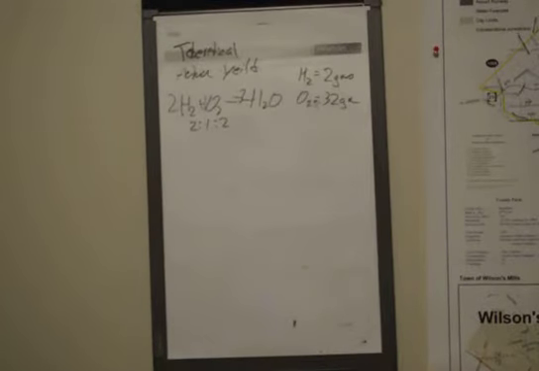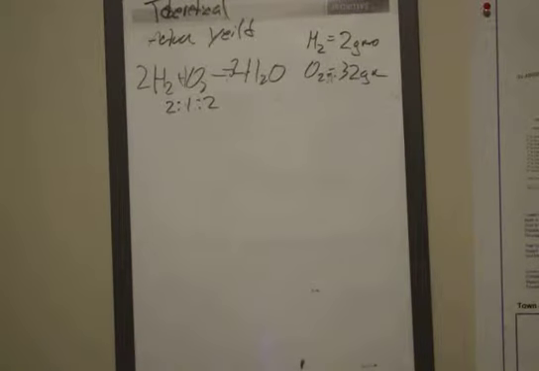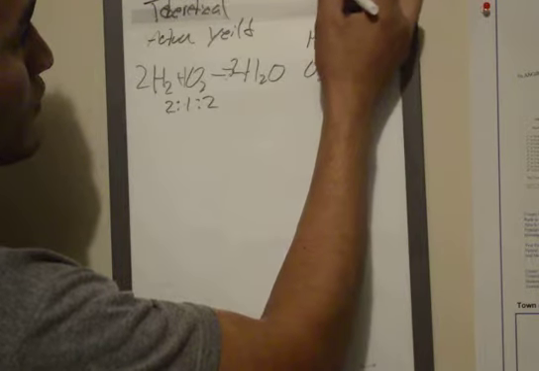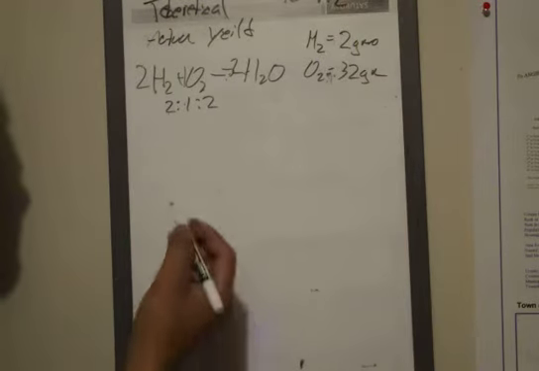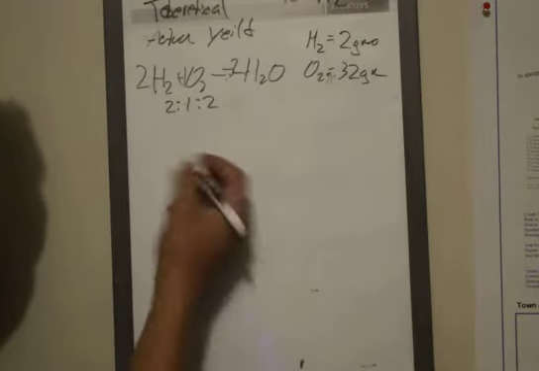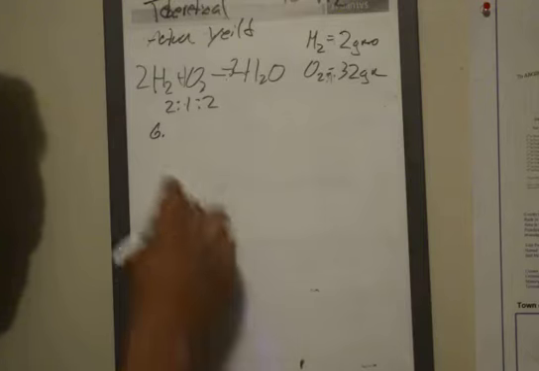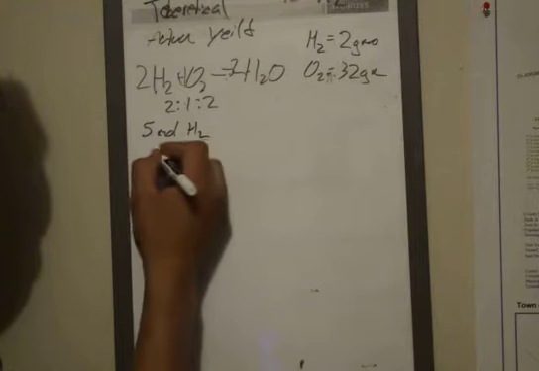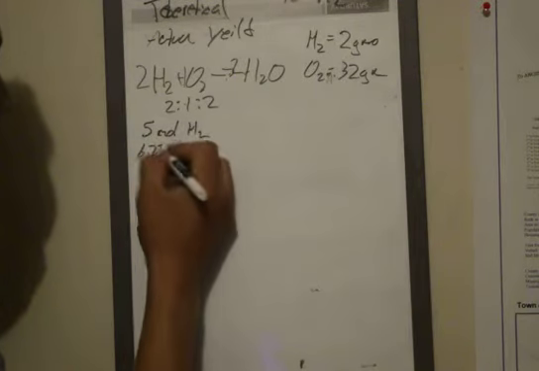Let's zoom it in if we need to. It's a little better. Okay, so let's say we've got the 200 grams of O2, like we said, and the 10 grams of H2. So in this theoretical yield, we're going to have 5 moles of H2 and 6.25 moles of O2, with H2 as the limiting reactant.